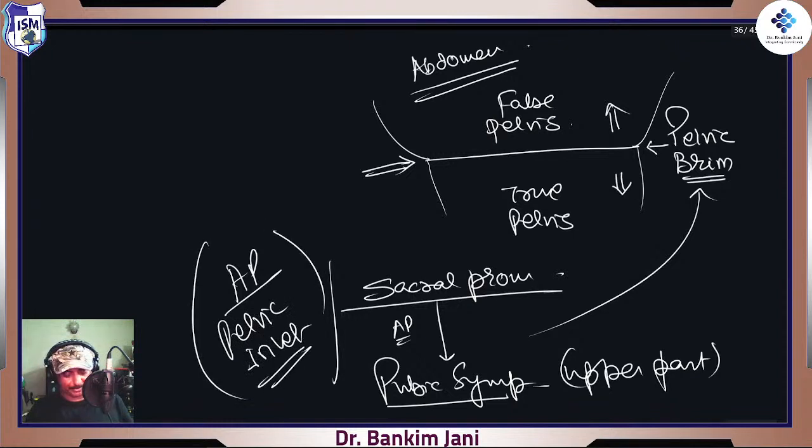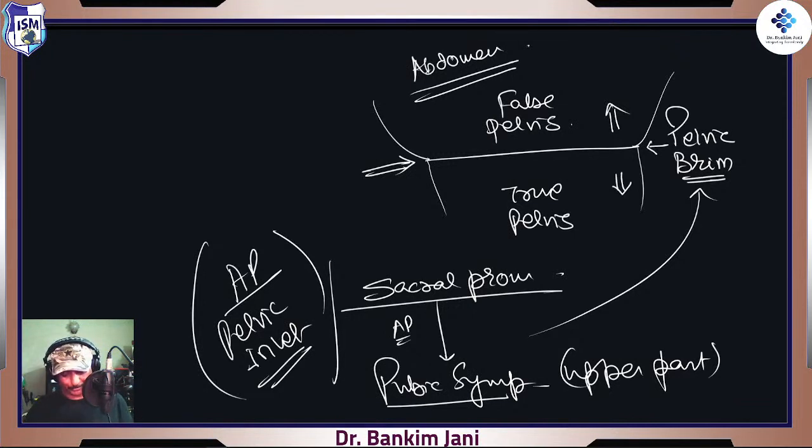Now this is day one, and I'm overloading you a bit. Sorry, but it is needed. But what was the other name of the AP diameter of the pelvic inlet? As I said, this is very important, you must remember. The sacral promontory is anterior, obviously.